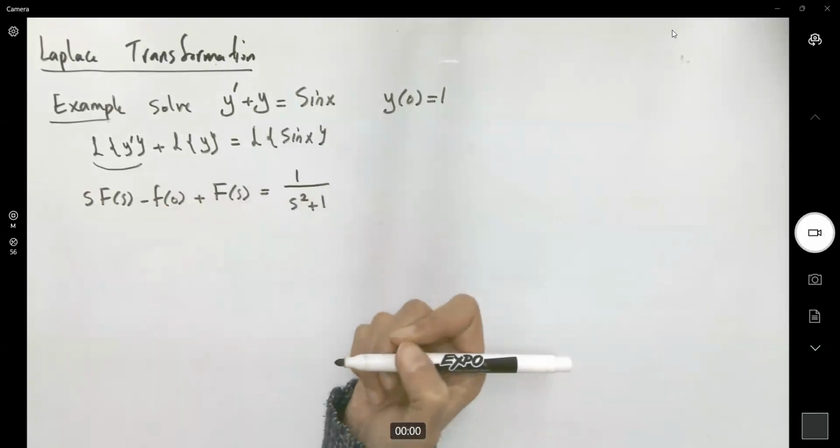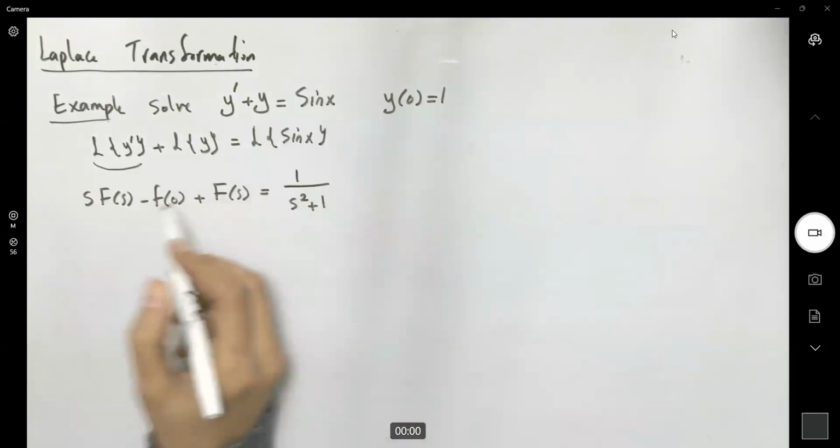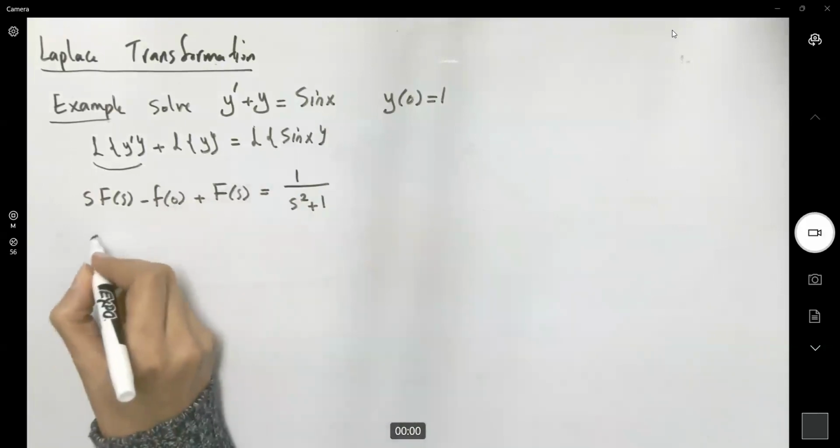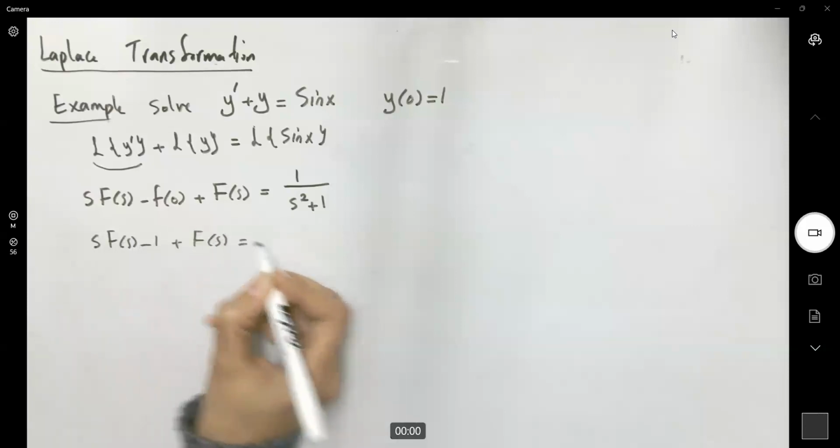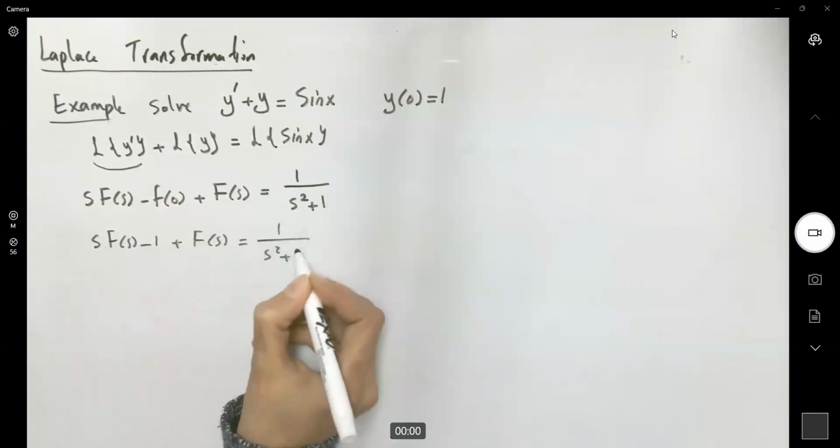Very well. f(0) is equal to 1. So sF(s) minus 1 plus F(s) is 1 over s squared plus 1.